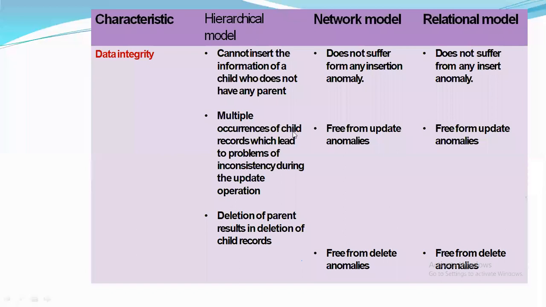With multiple occurrences of the child records, they are free from update anomalies. It is very easy to insert and update in the network and relational models. In the case of hierarchical, deletion is a problem because when you delete a parent, the child is also deleted.